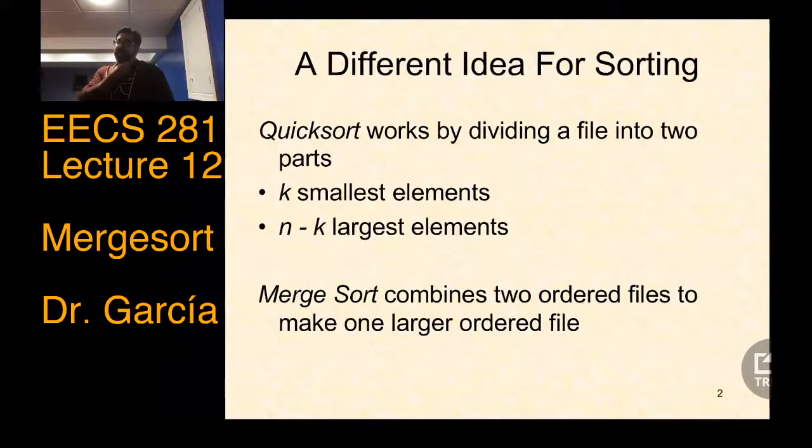If you recall from the last lecture, quicksort works by dividing a file into 2 parts. Our example was in the context of arrays, really. Basically we had k smallest elements, and then a pivot value that we would use to determine those k smaller elements, and then n minus k largest elements, okay? So Mergesort combines 2 ordered files to make 1 larger ordered file.